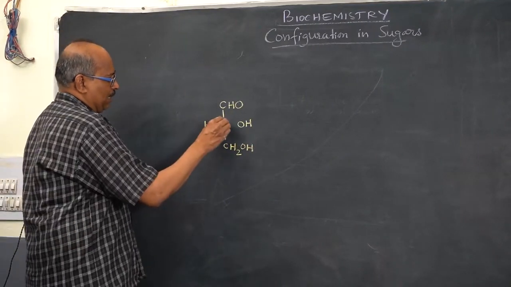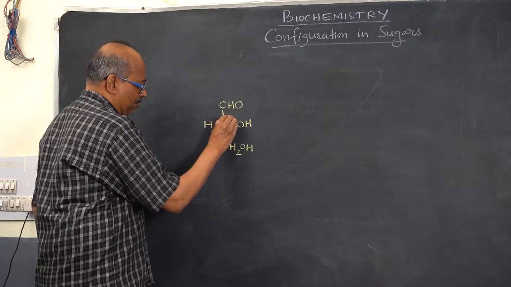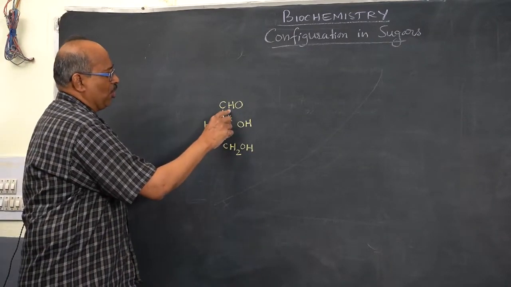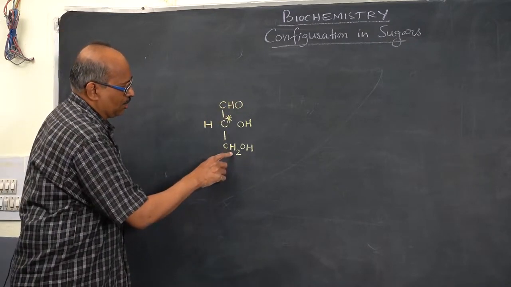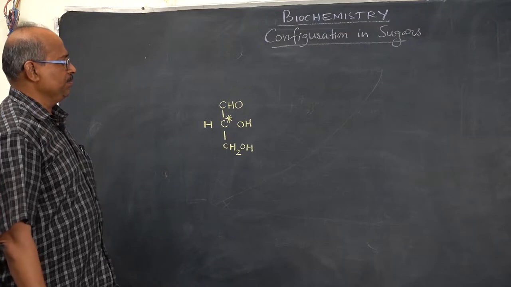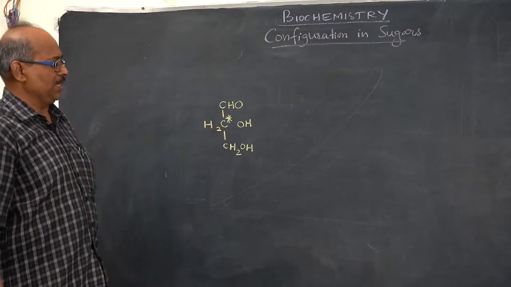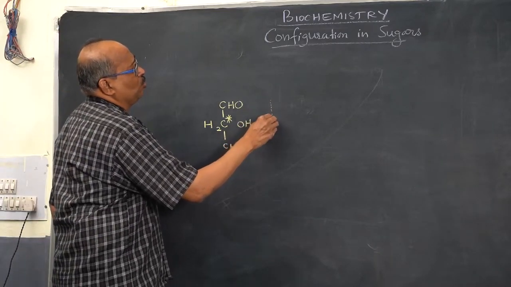So this is the carbon which is asymmetric in the case of glyceraldehyde. This cannot be asymmetric because there is a double bond. This cannot be asymmetric because there are 2 hydrogen atoms. So carbon 2 is asymmetric. Since it is asymmetric, it can exist in 2 forms.